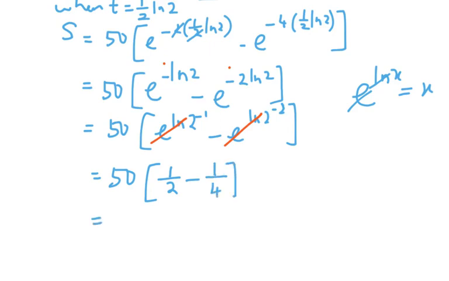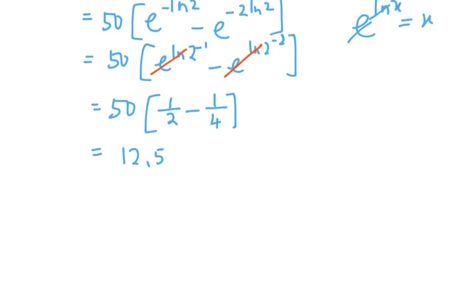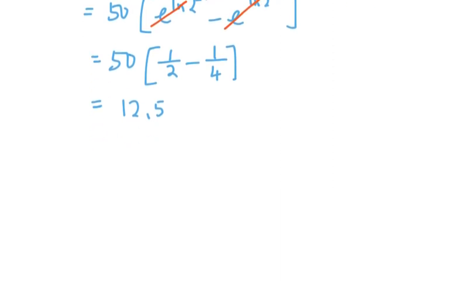Hence the answer when t is equal to 1 over 2 ln 2 will give you 12.5.